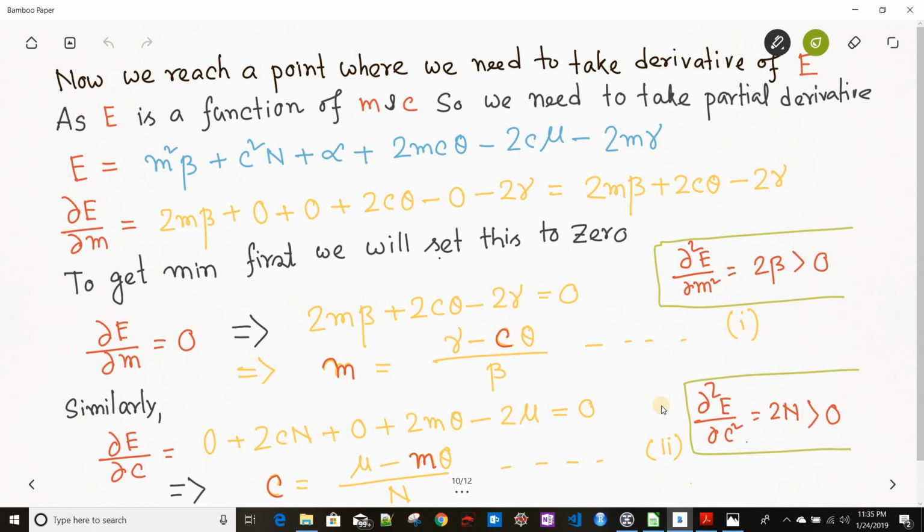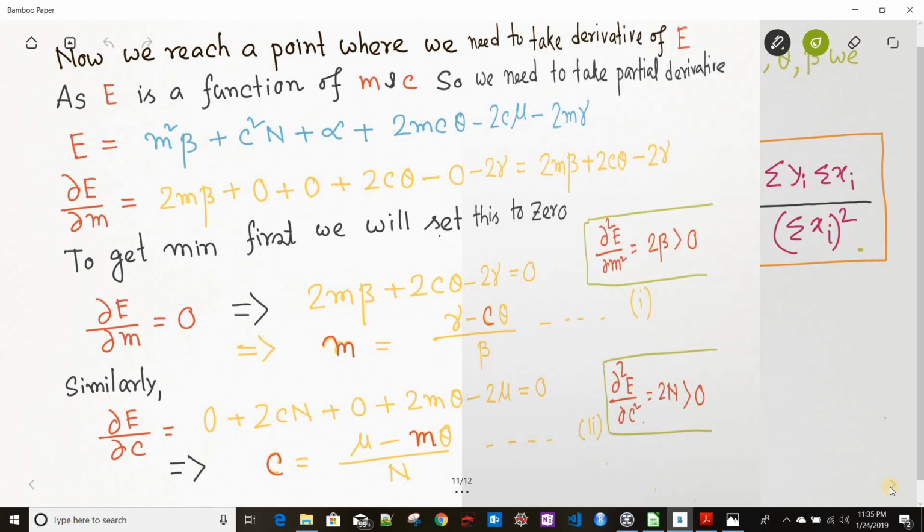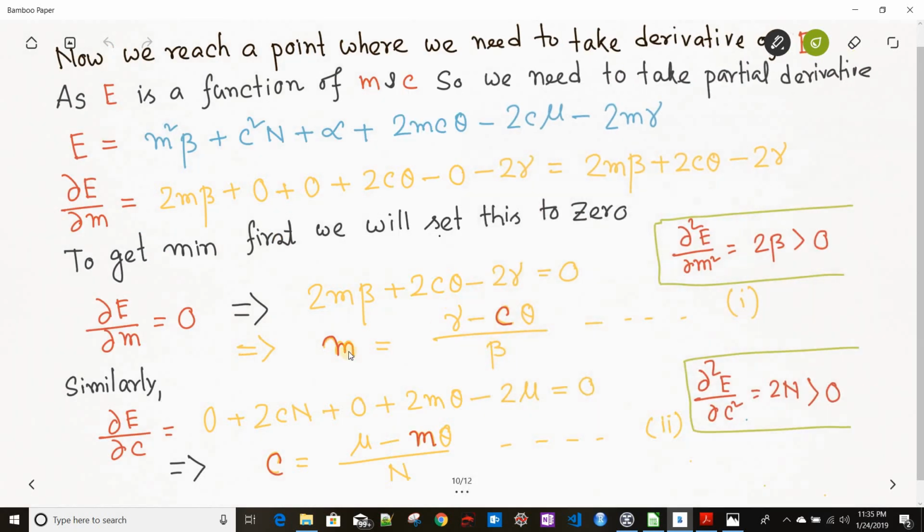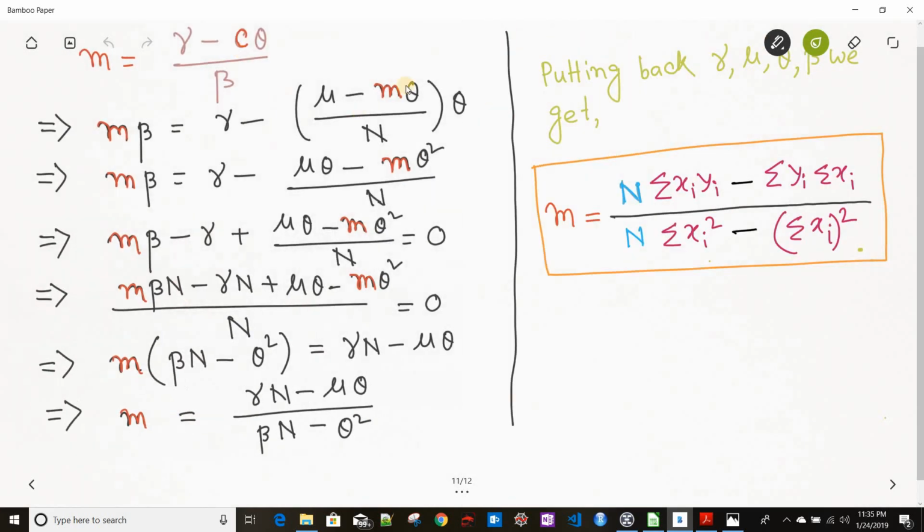That means I can solve for m and c. That is what I have done here. I basically took the c value and put it in the m equation. We got this final equation of m.